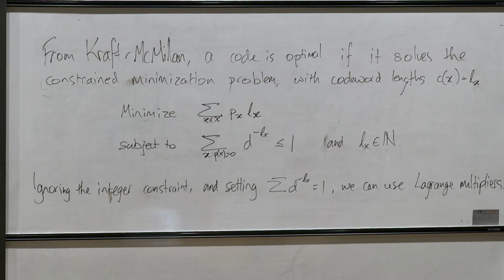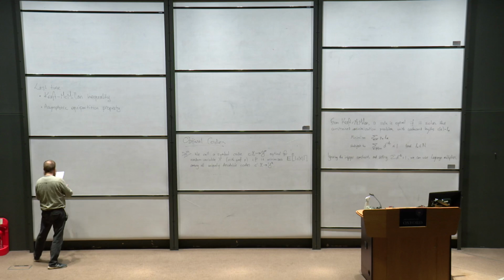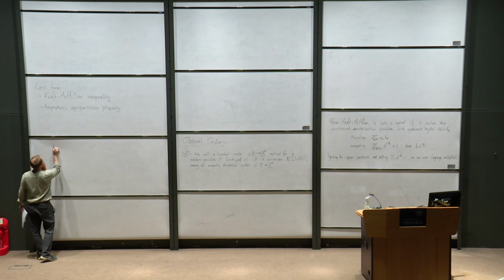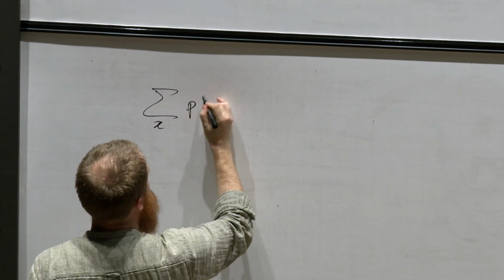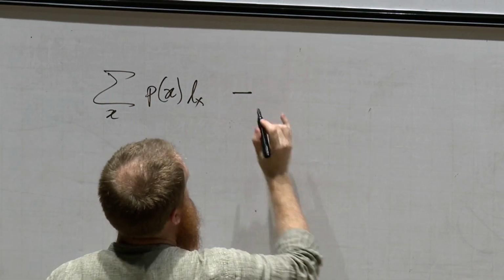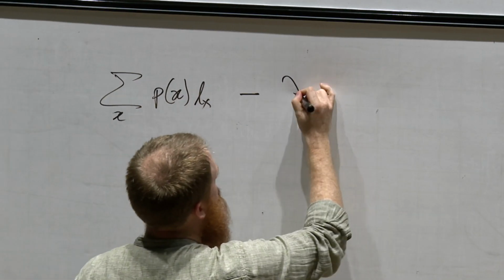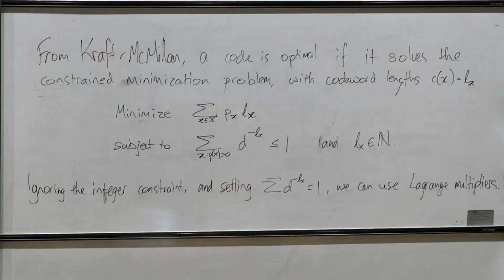Okay, so what's our Lagrange multiplier problem? I want to minimize the sum over x of p(x) L(x). That's my objective. I need to introduce the constraint. So I put the Lagrange multiplier lambda. And what's my constraint?